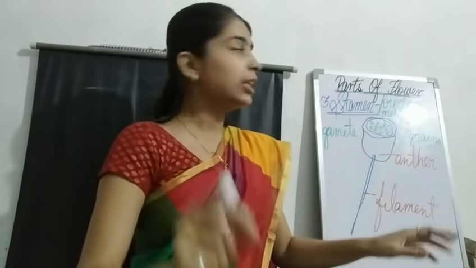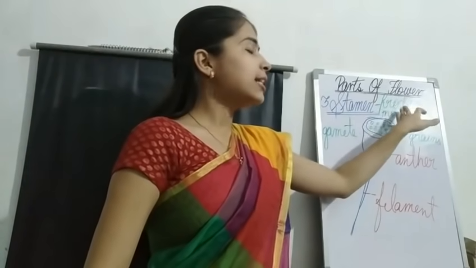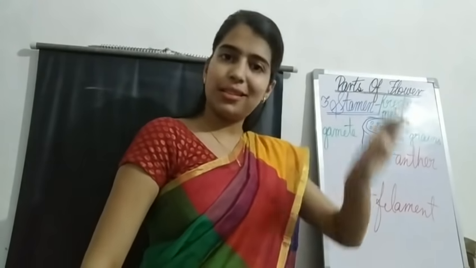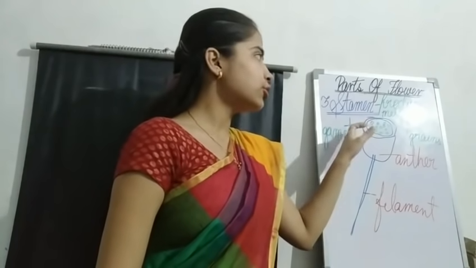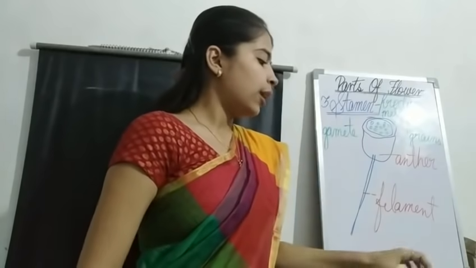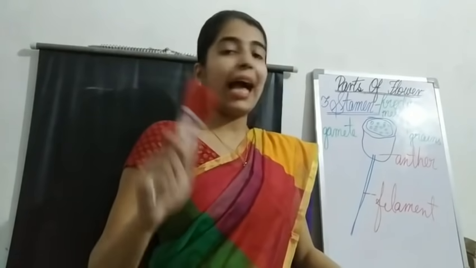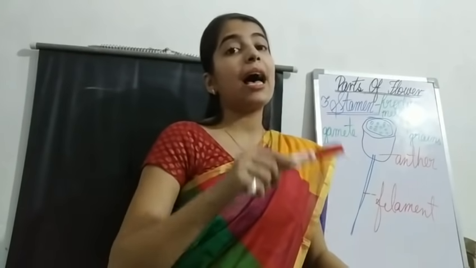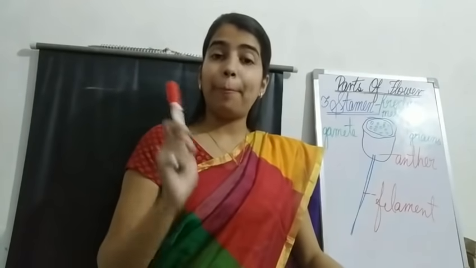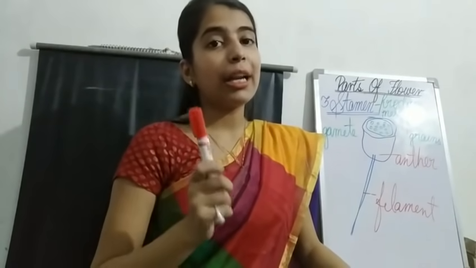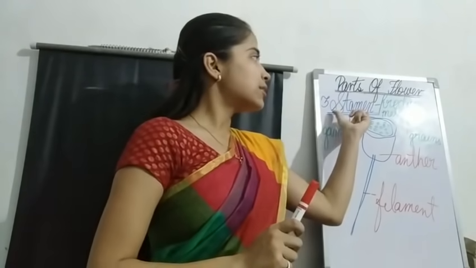Now what is the function? The stamen is producing the male cells. Clear? The function of the stamen is to produce male cells. Now, sepals are called the calyx, and petals together are called the corolla.